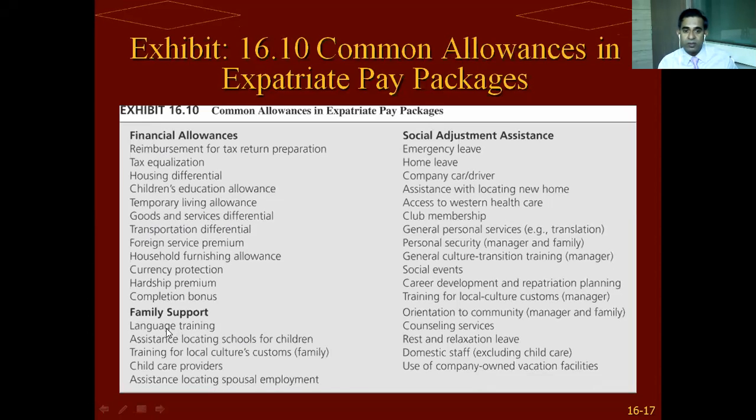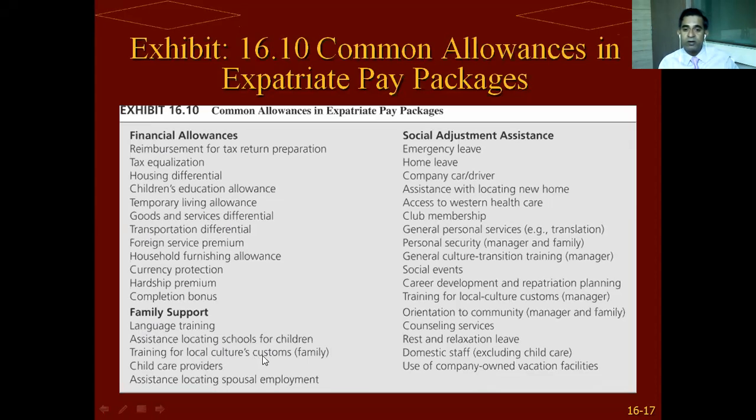And then family support, which is quite unique, like language training. If employees have to stay there for a longer period, or till retirement, language definitely becomes a problem for the family members, so language training is arranged for them. There is also assistance locating schools for children, and training for local culture and customs.